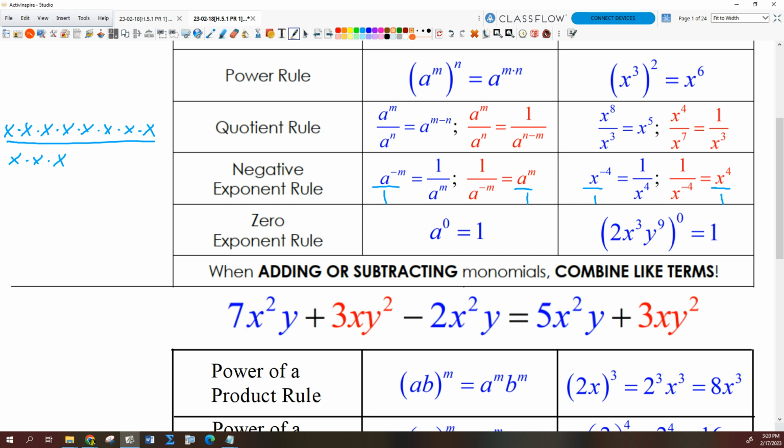Well, look what we're doing here. We're just canceling out 3 of those x's, leaving us with an x to the 5th on the top, right? Everybody see that?